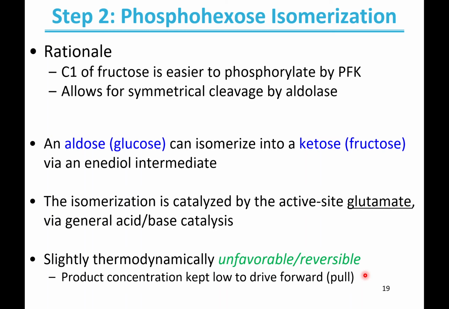One, and this is basically Le Chatelier's principle, is to keep the reactant concentration high, which will push the reaction forward. Or you can take away the product and keep that concentration really low, and that's known as pulling the reaction forward. In glycolysis, for many of these reactions, the products are kept really low, which pulls it forward. That will be a common theme that we'll see more.